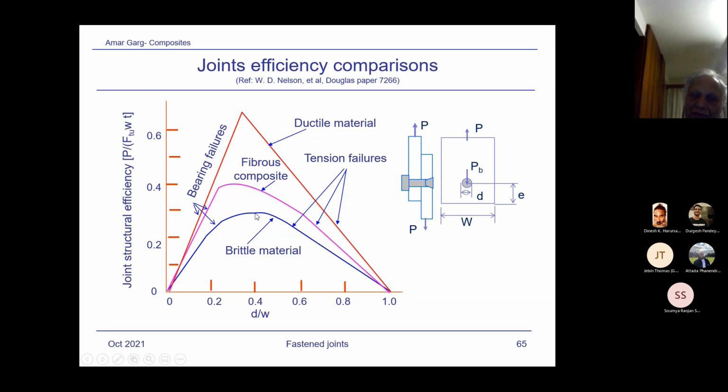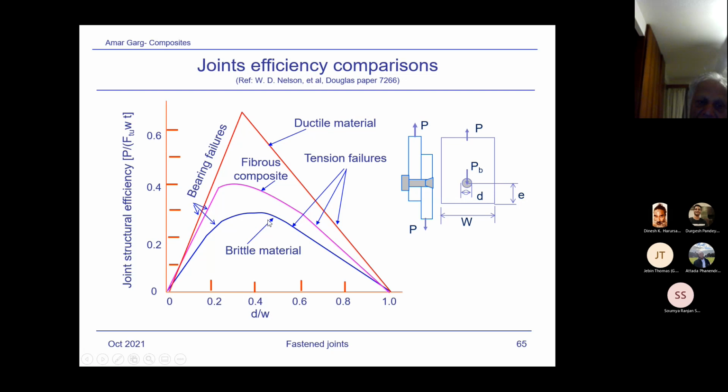So there would be a transition somewhere. And as I said, you do not want the tension failure mode. You want the joints to fail only by bearing. And I discussed that issue yesterday.